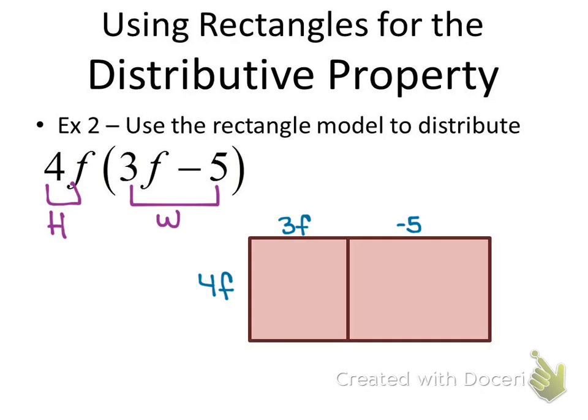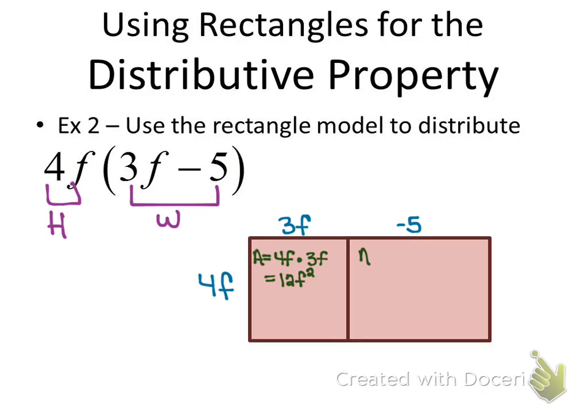All right? From here, we're going to go ahead and find the area of each section. So Nico, how do I find the area of my first section of the rectangle? 4F times 3F, which equals 12F squared. Perfect.